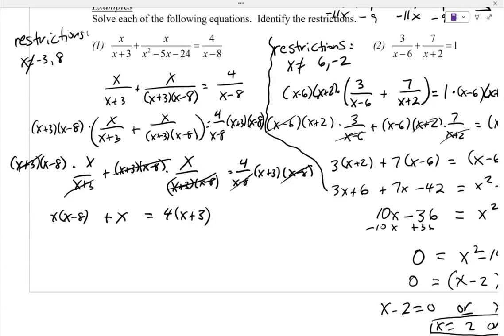What's next? Got to distribute, right? We need to multiply everything out. After we clear the denominators, we're going to distribute everything out. What do you get in that first part?